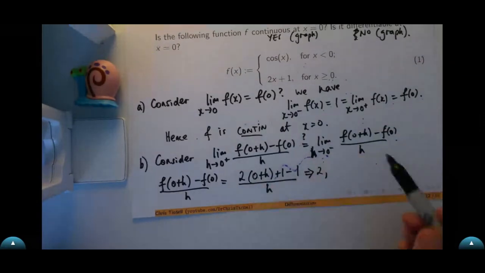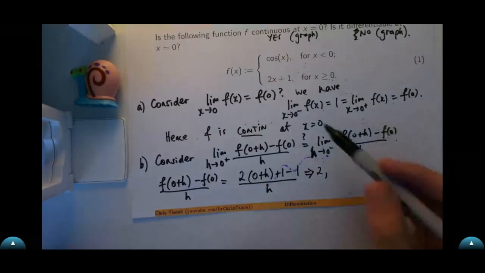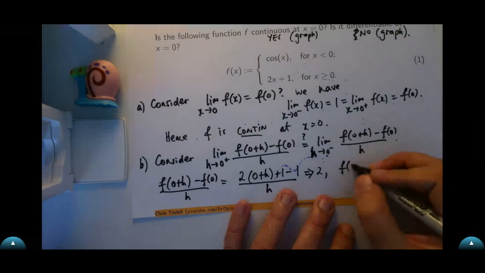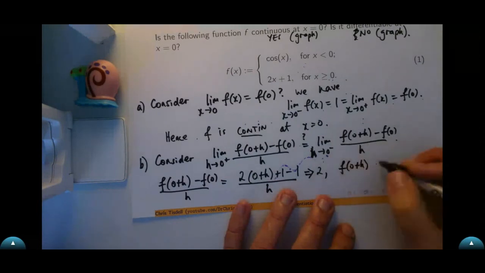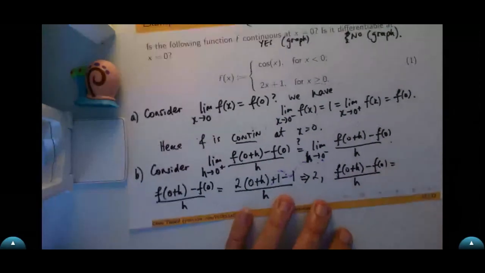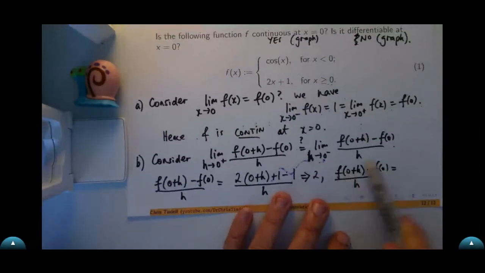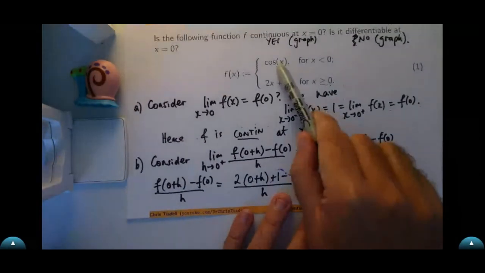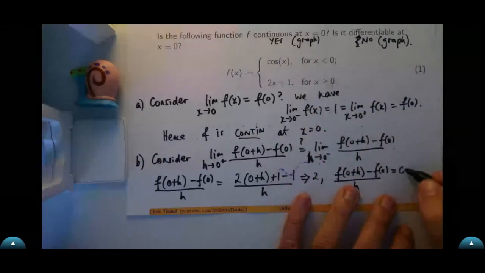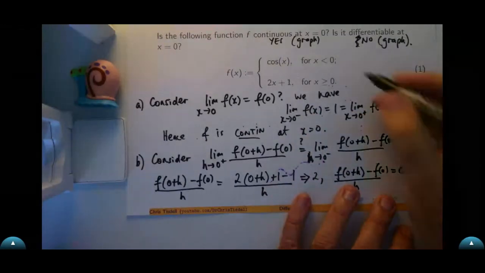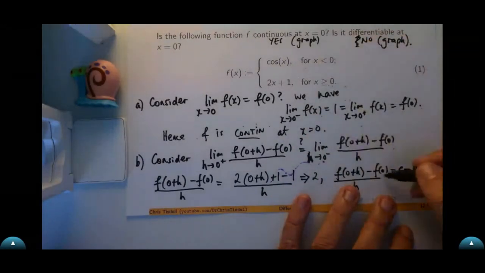All right. Now for this one, it's a little bit harder. So this is where h is coming in from the left. So we want that. f of 0 is 1.